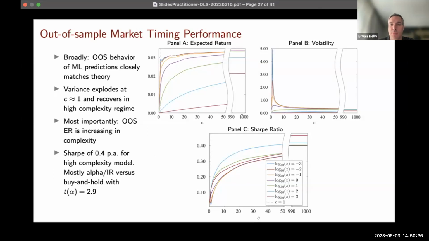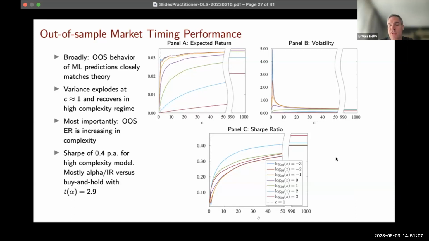As I increase complexity, the approximation power benefits show up as an increasing expected return. This is true for something like a ridgeless model. Here we approximate ridgeless with 10 to the minus 3 as the ridge shrinkage, and we look across a range of shrinkages. That's what each of these lines are. Regardless of shrinkage, as we increase complexity, expected returns of the trading strategy out of sample are increasing.